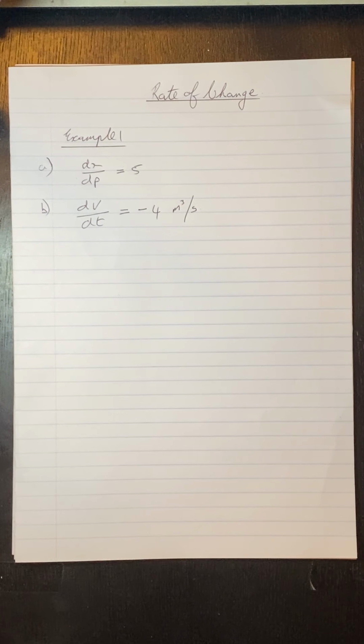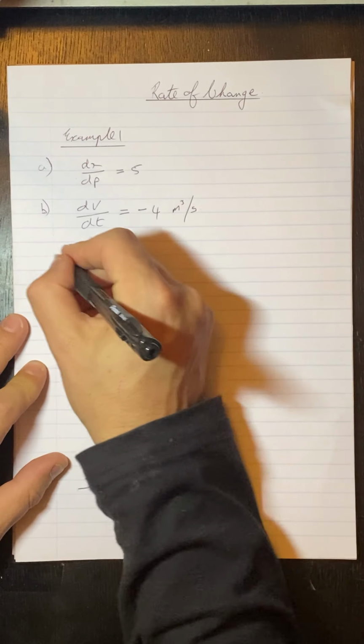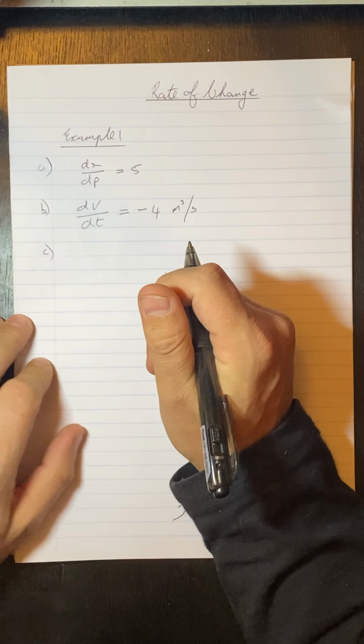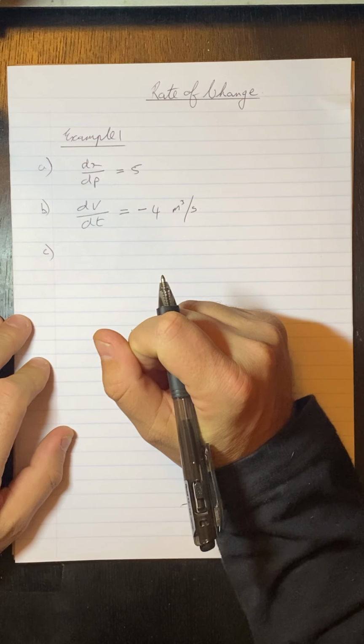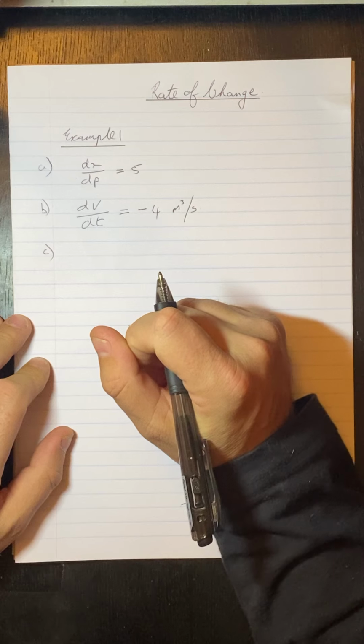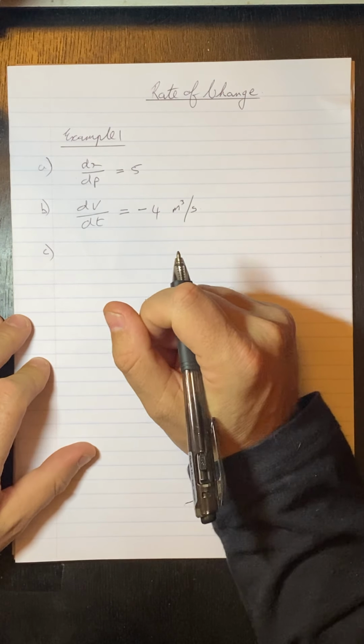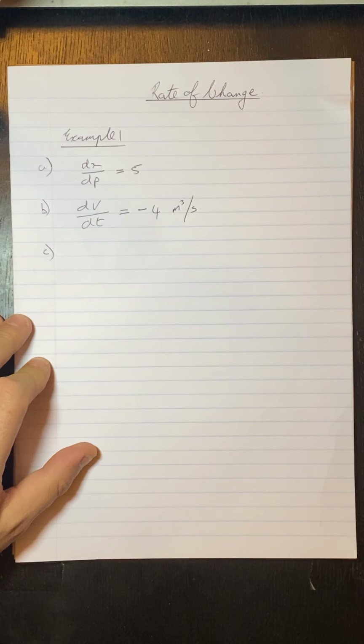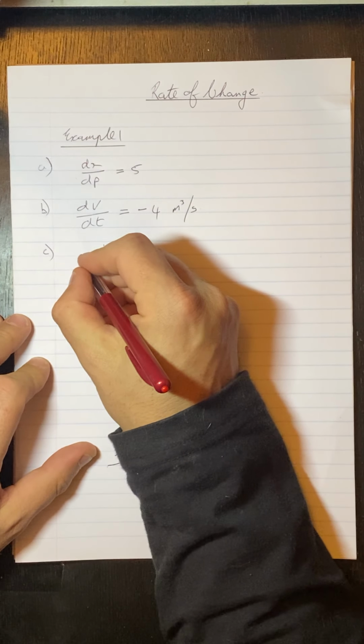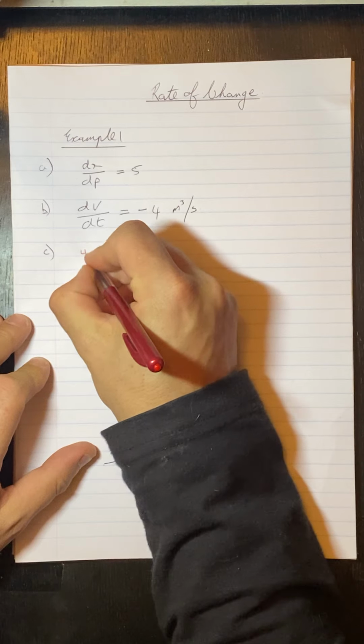Then question C. Still the same thing, express the following problem symbolically. So it says here the rate of decrease of y with respect to x is proportional to x. Now before I get on to this, I just want to show you what a direct proportion looks like.